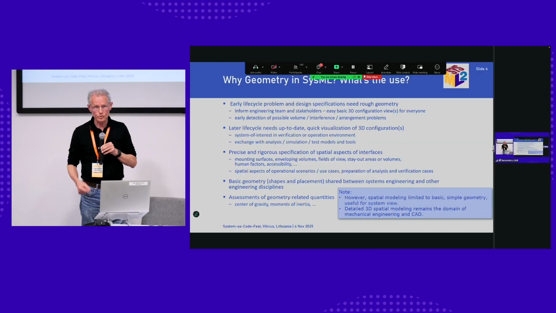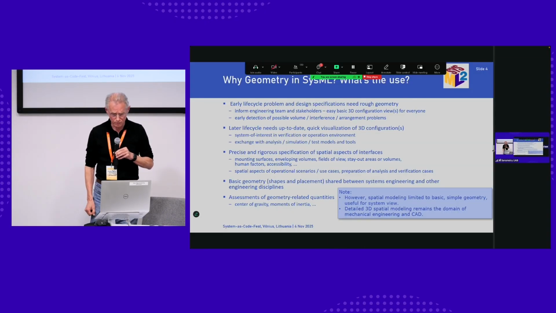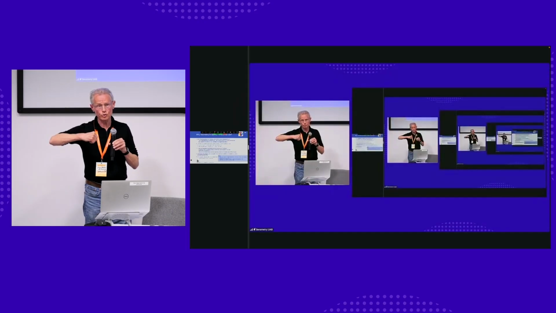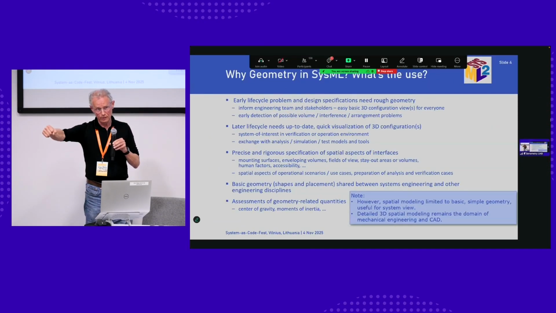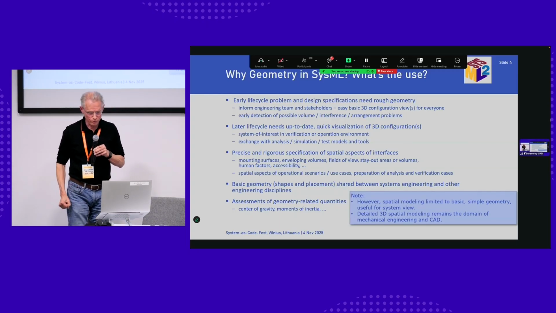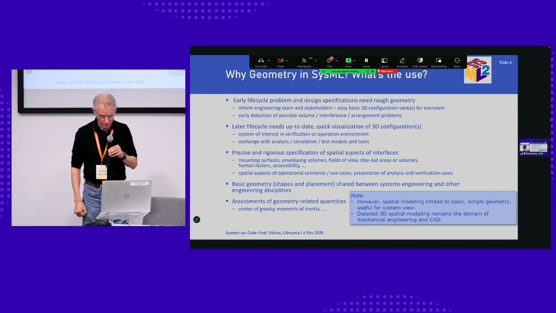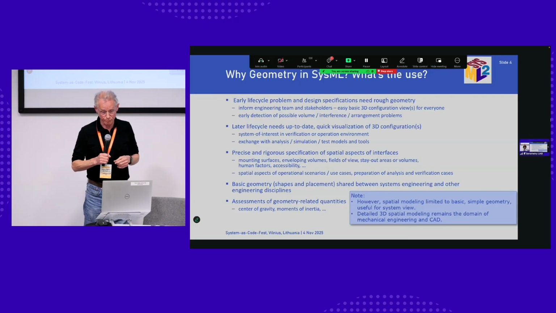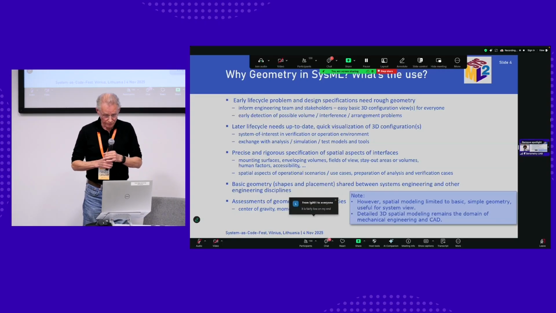They need to be precise on how things fit together, where things are relative to each other in 3D space. If we do a robotic arm, we want to make sure that it doesn't move through some element of the system. Of course, we want to avoid collisions, etc. And then we have the geometry related to quantities like center of gravity and moments of inertia. In space and in aeronautics, they're very, very important, and they're very important from the start.